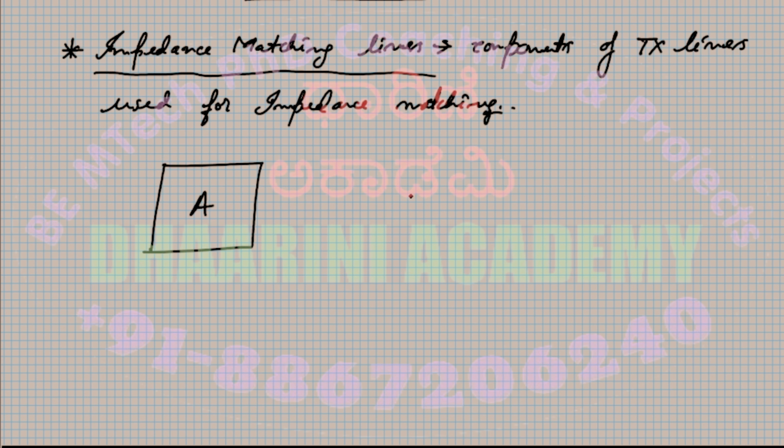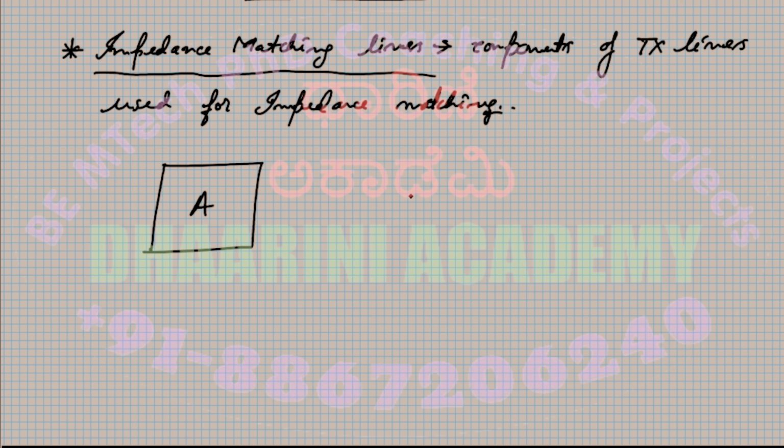You can design that: whatever the amount of loss, you want to ensure this is the maximum amount of loss. When loss comes, you can also have the efficiency, etc. Those are the advantages of using transmission lines for the purpose of impedance matching.